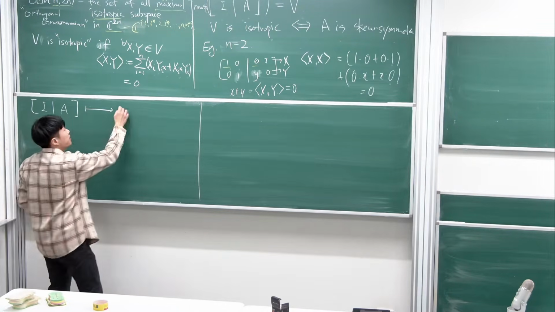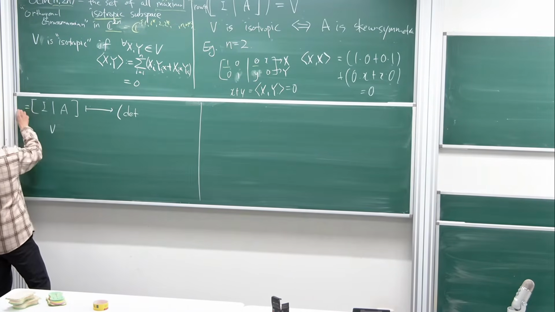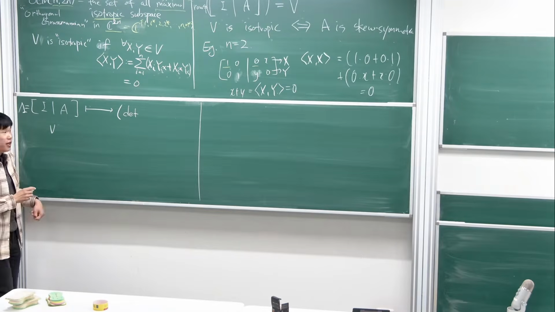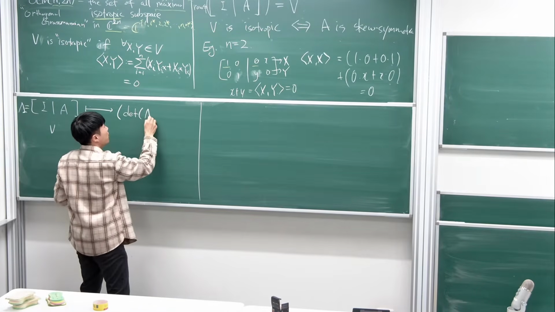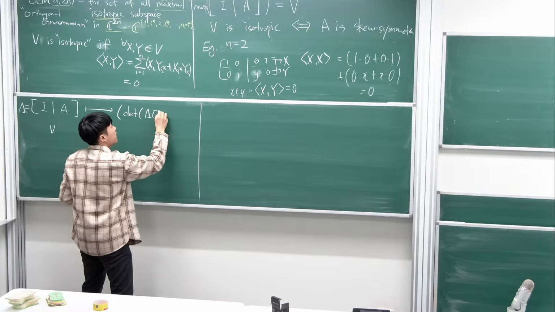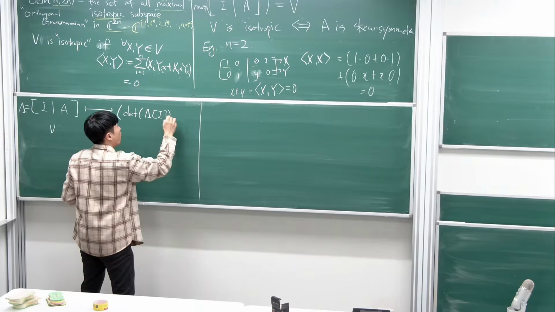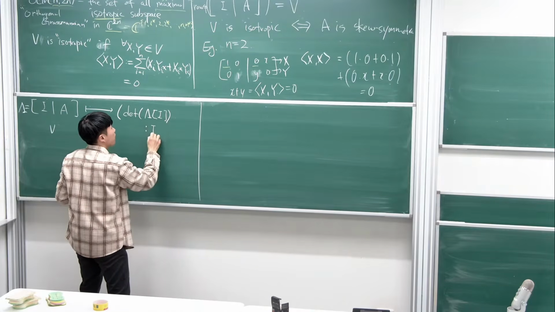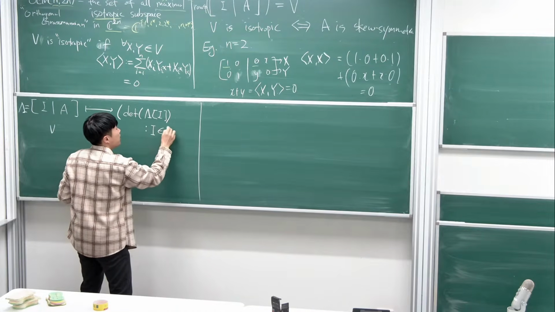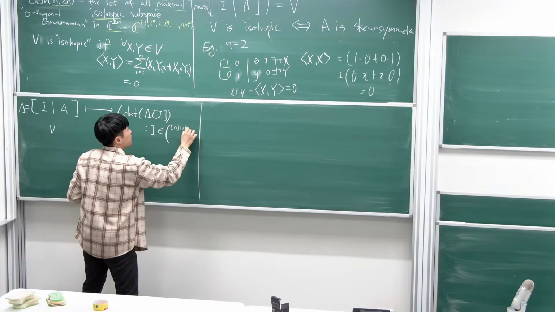What I mean is that we collect all the determinants of this matrix, which I will denote by large Lambda, whose columns are indexed by I for all choices of I, which are the n-subsets of our ground set.